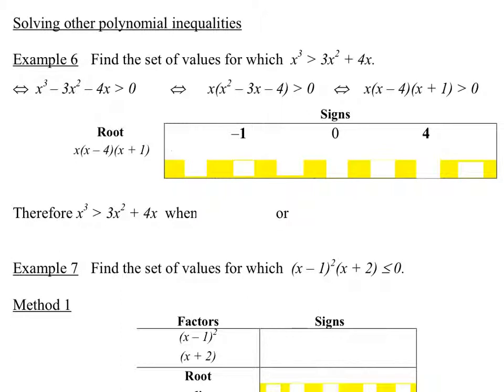If you choose a value of x less than negative 1, for example, negative 2, that means that x is negative, that x minus 4 is negative, and that x plus 1 is negative. Negative 2 plus 1 is negative, negative 2 minus 4 is negative, negative 2 is negative. So if you do that, what you should get is a negative times a negative times a negative.